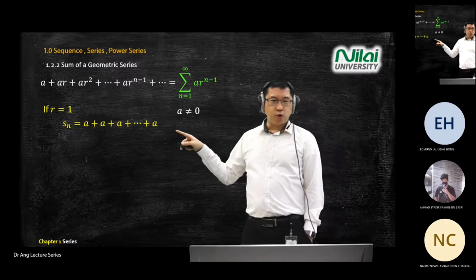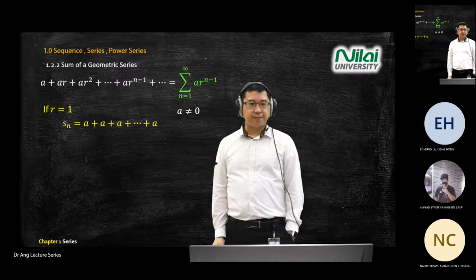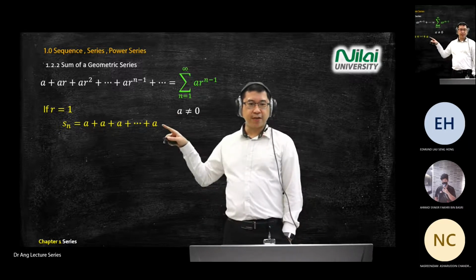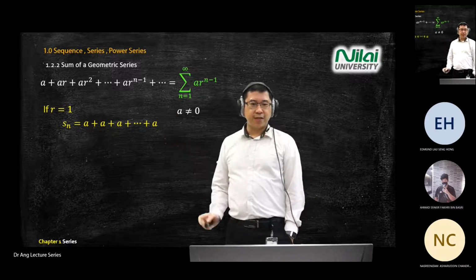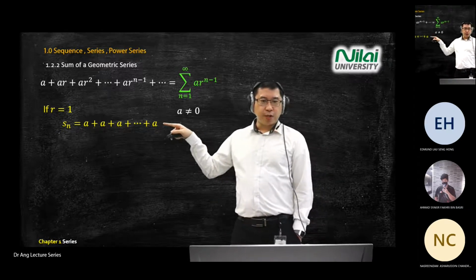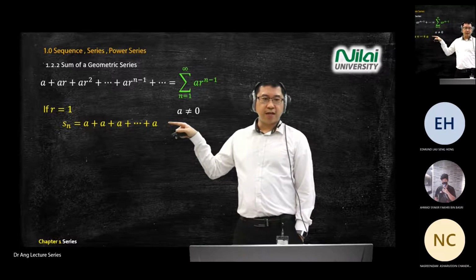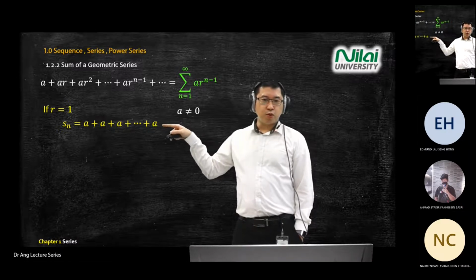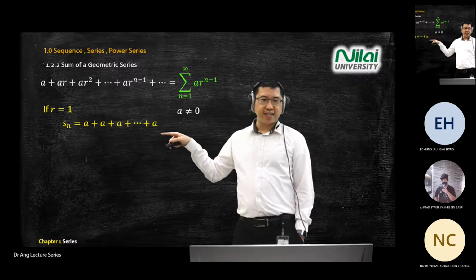So how do you add this set of numbers? Can you write this in a formula? In a linear formula? This is you add manually one by one. If you want to make it into a multiplication equation, how do you write this? Sn equal to what? Can you guess?